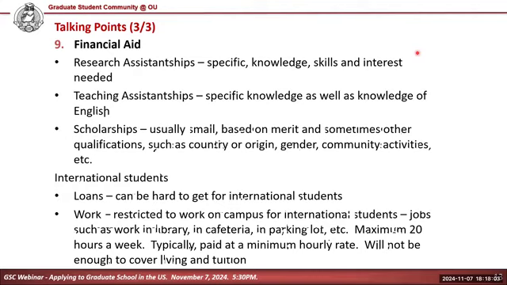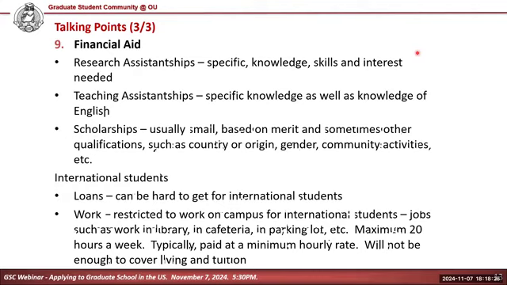For most international students, they come to the United States, and if they don't have the money, the only thing they can do is work on campus. Typically, these campus jobs are for 20 hours a week at minimum pay. The minimum pay depends on the state you are in. They vary from $7.50 to $20.